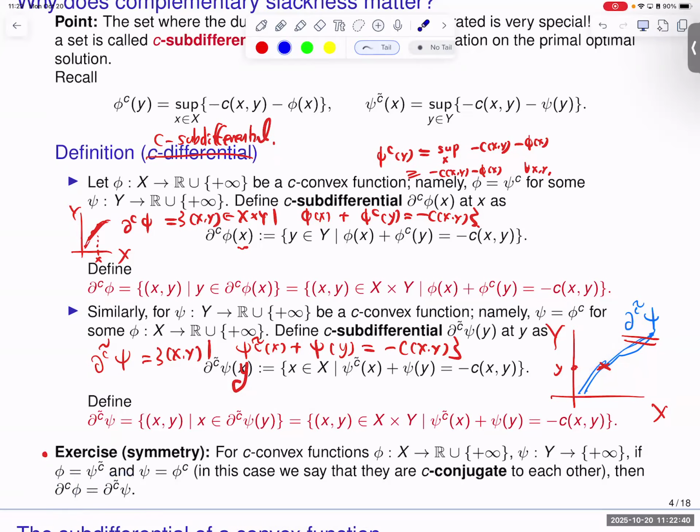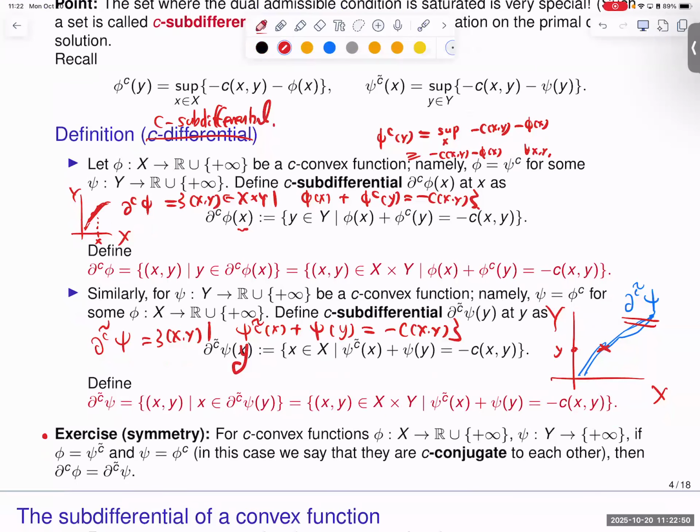This is extremely easy to see. Maybe let's do it now. Why is it true?